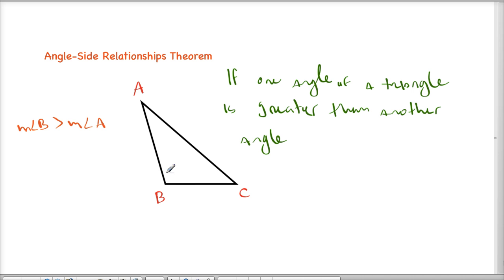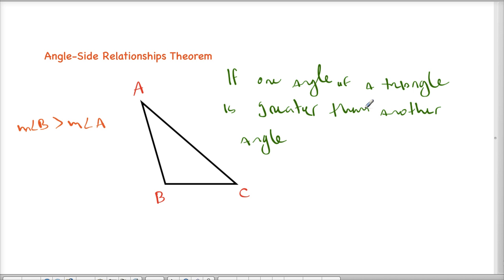How do I know that? Well, look at it. Angle B here is wider than angle A. Okay, so this is an obtuse angle I can see right here. Here's angle A, clearly an acute angle. So the measure of angle B is greater than the measure of angle A. So that's the first half of this angle-side relationship.